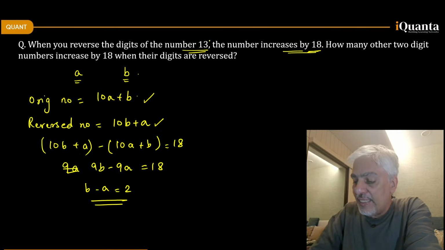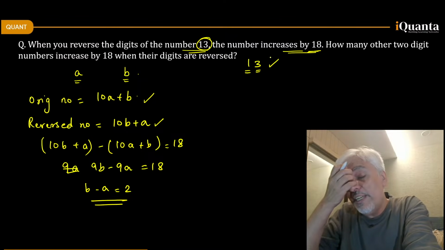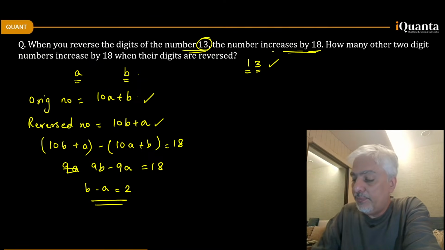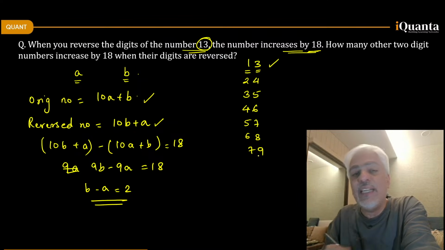So the first example which they've already given is 13. Here B minus A is 2, so this example is true. There will be many more examples. Next will be 24, next will be 35, 46, 57, 68 and 79.